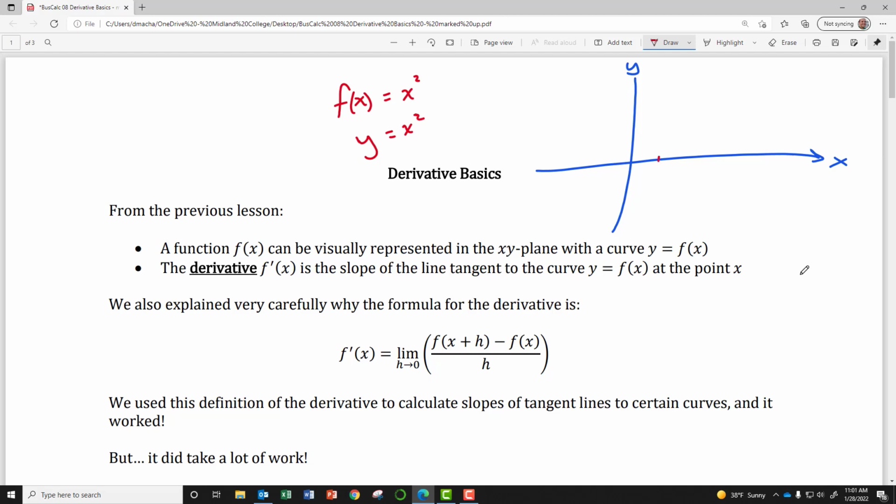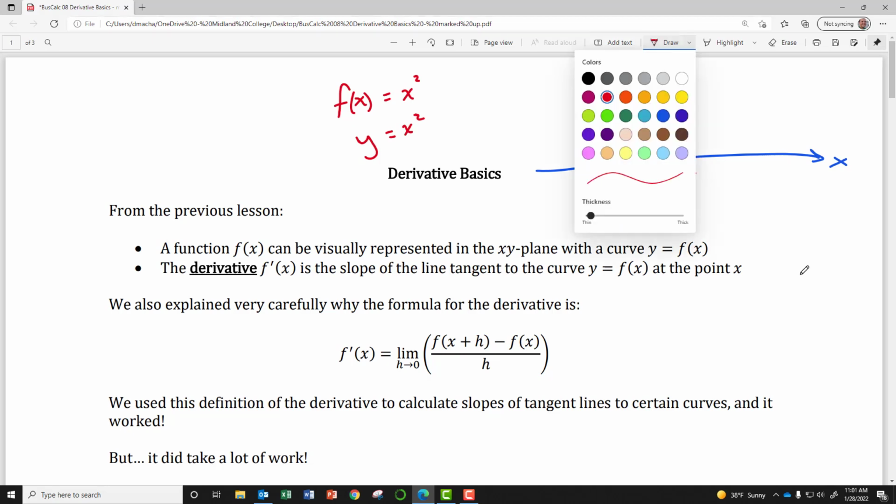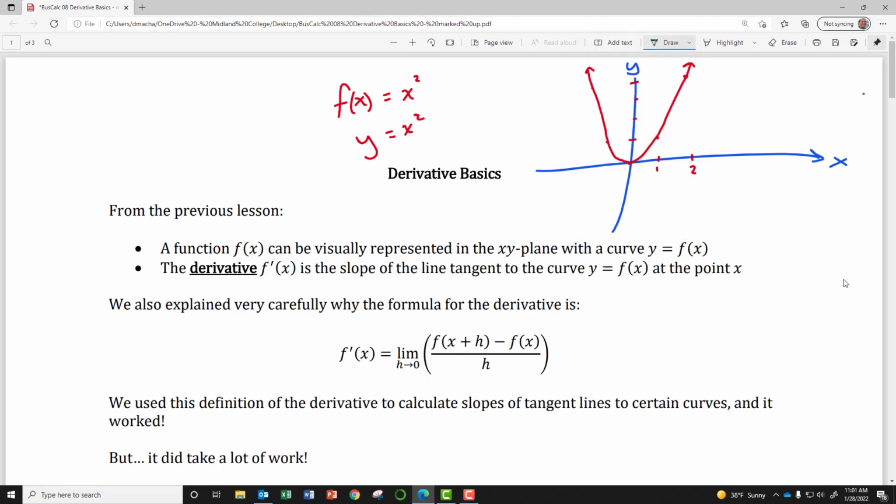And then for any given value of x, like the value 2, 2 squared would be 4, and so we plot points that represent our function, and you can use a curve in the xy plane to represent a function. So that's one thing we learned in previous lessons.